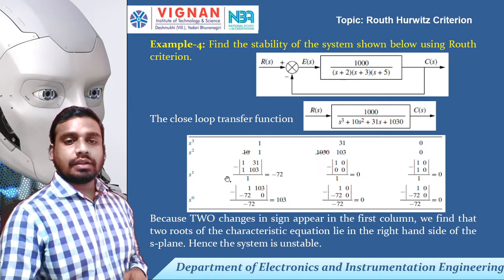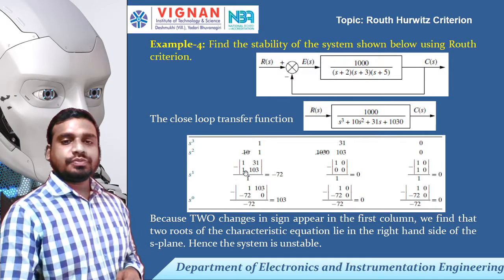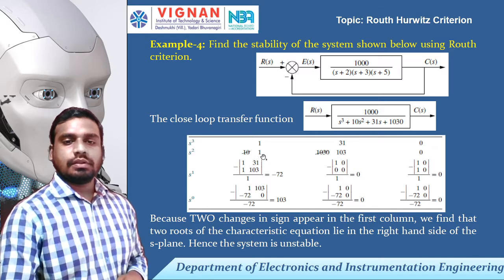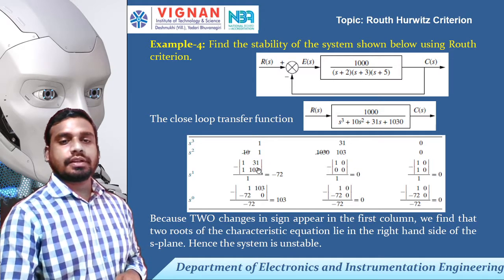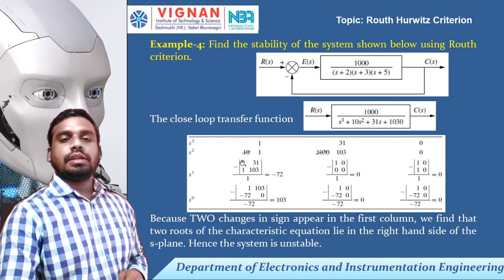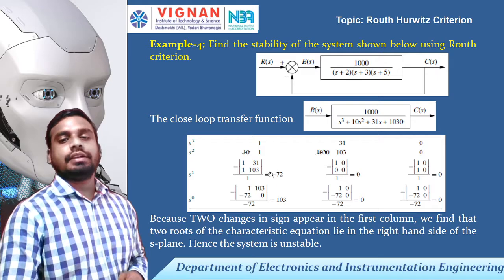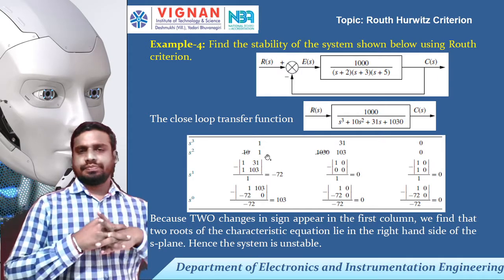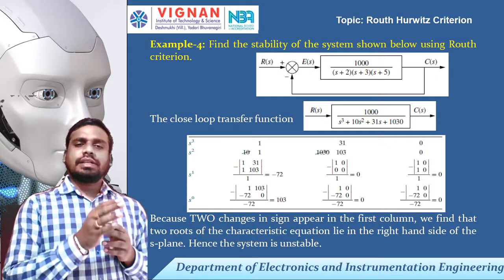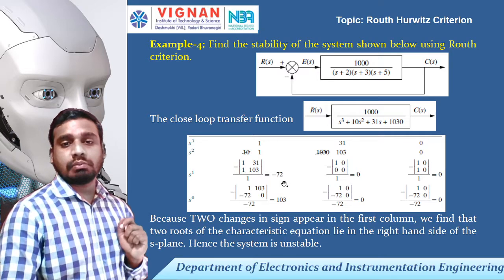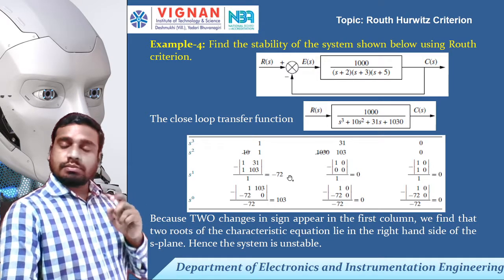So the third element, what you get is 1, here also 1, 31 and 103 divided by 1. Right? This one, you calculate 1 into 31 minus 103 into 1, you'll get minus 72. This is just a determinant. Then we substitute and calculate. So what is the value you got here? Minus 72. Remember, if you are getting a negative term, the system is unstable.